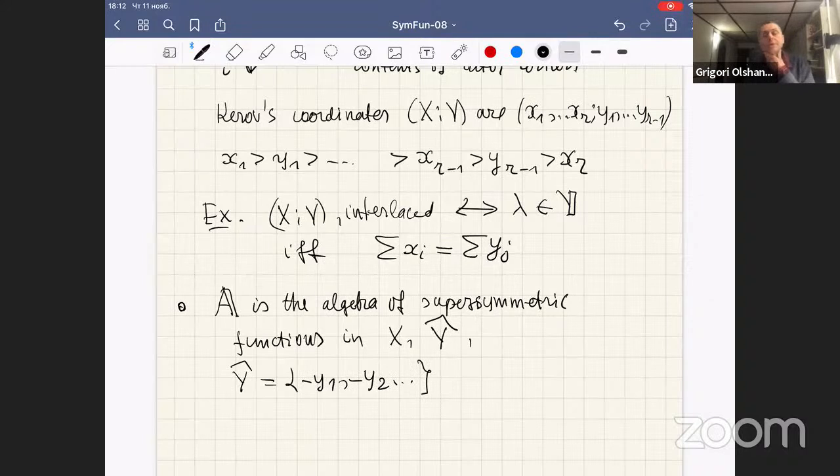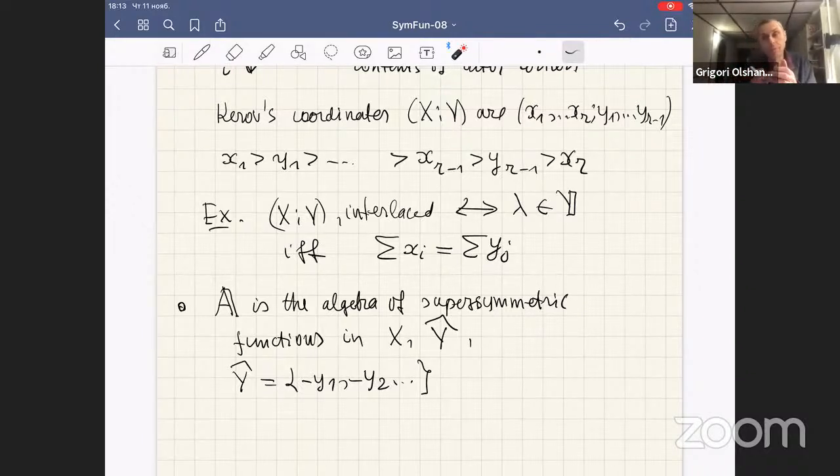In the conventional definition of supersymmetric functions, we don't need this, because my definition of supersymmetric is not the conventional one, up to sign. In the conventional definition, the supersymmetric power sums are just simple differences of powers in x's and powers in y's.